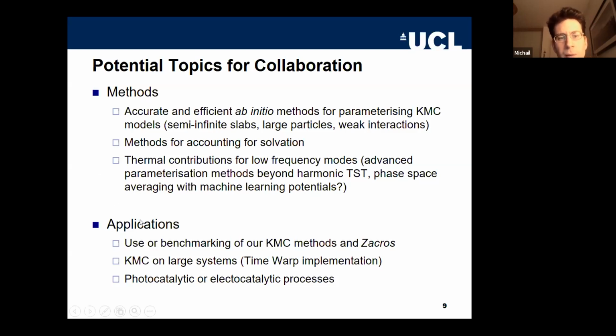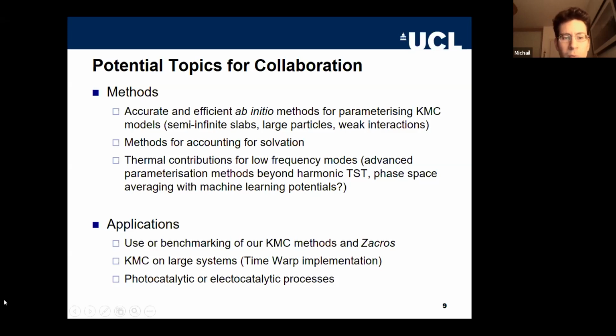From the application side, we're always interested in having people using or benchmarking our kinetic Monte Carlo methods, and of course the software Zacros. Kinetic Monte Carlo on large systems, I believe, is going to be the way of the future. We're talking about billion site simulations that might be of interest for material science problems like dislocation effects or catalyst reconstruction effects.